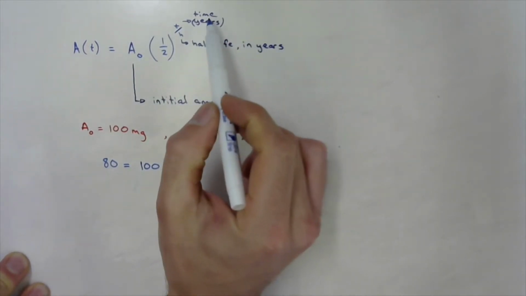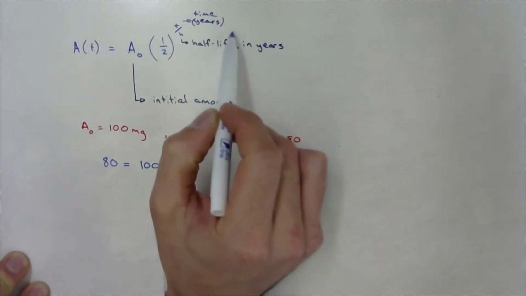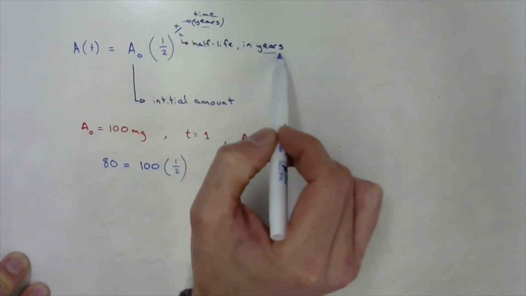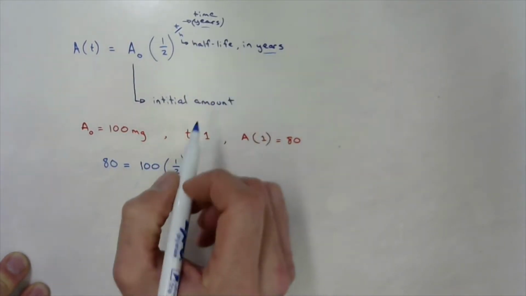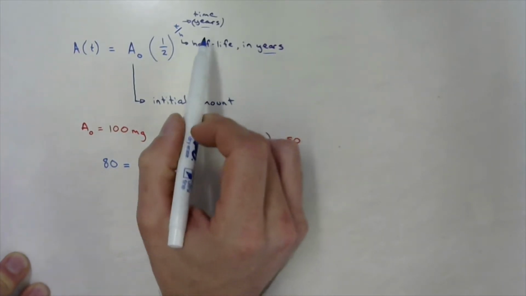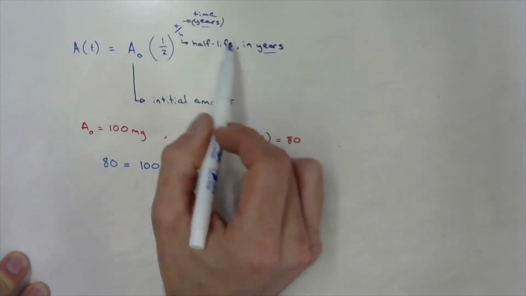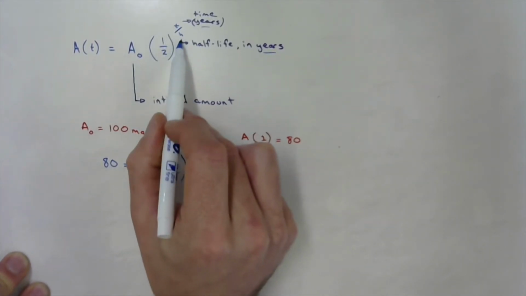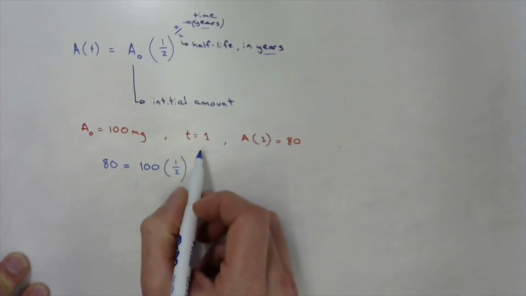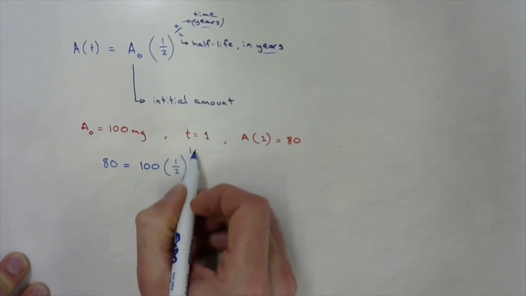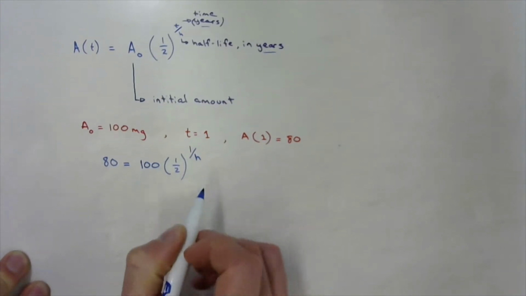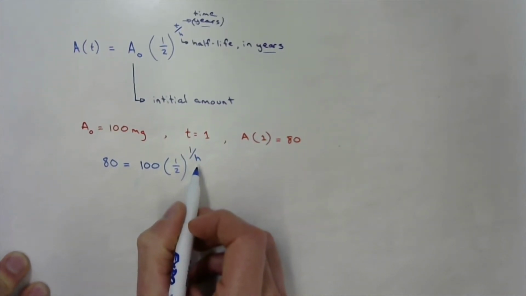Okay, sorry, so time in years and in years. So these are the same unit of measurement. They're both measured time in years, okay? Basically, you just need to be using the same unit in the t and the h. So in our scenario, we're actually working in minutes. So I'm going to have 1 over h, which when we solve for h is going to express the half-life period in terms of minutes. Okay?